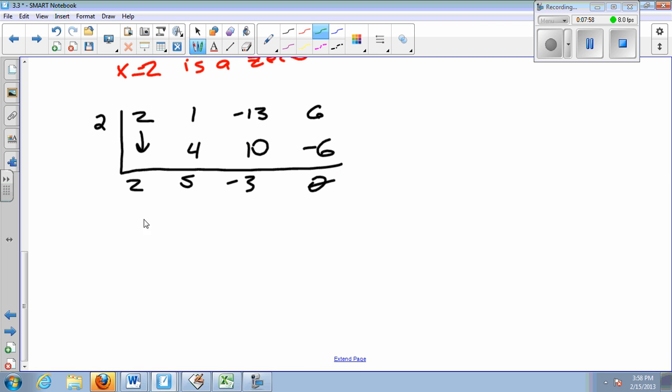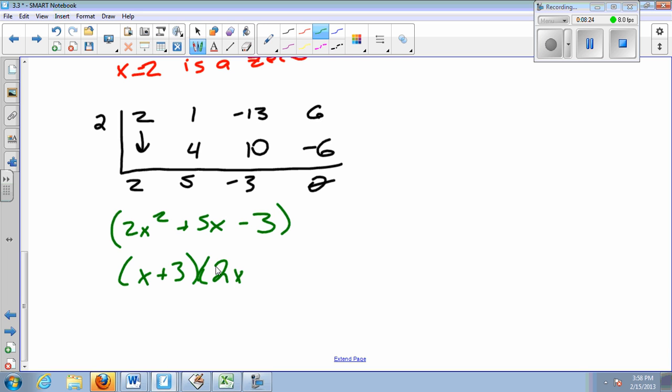So we get 2x squared plus 5x minus 3. And we can actually factor this, and it's going to become x plus 3 times 2x minus 1.